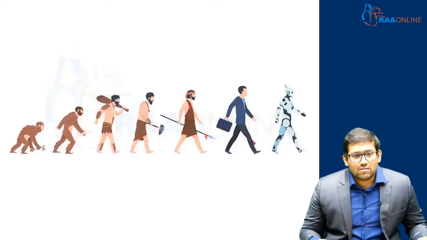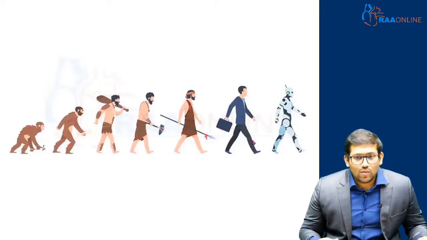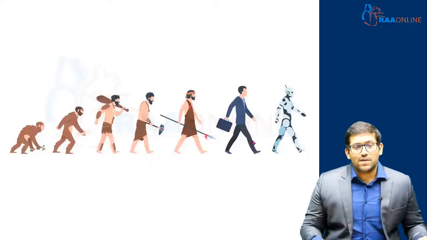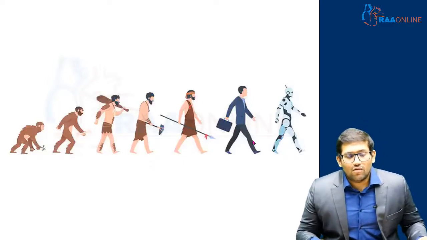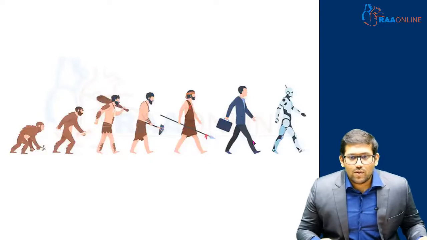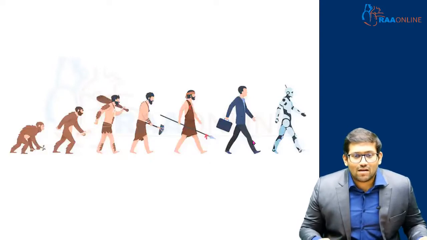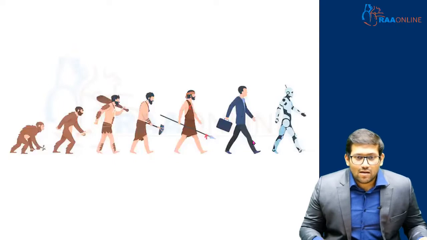Another picture here to tell how we have evolved. Every person evolves, but in this picture you can clearly see how from a quadruped we have come to a level where we are bipedal, and to the future where it's all going to be robotic, and robotic in bipedal. So how have we changed?